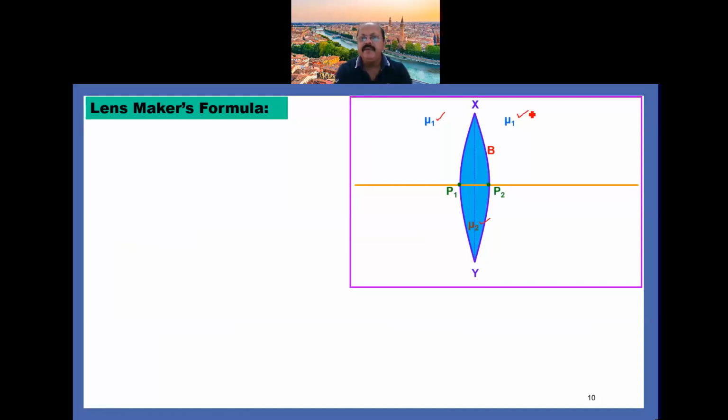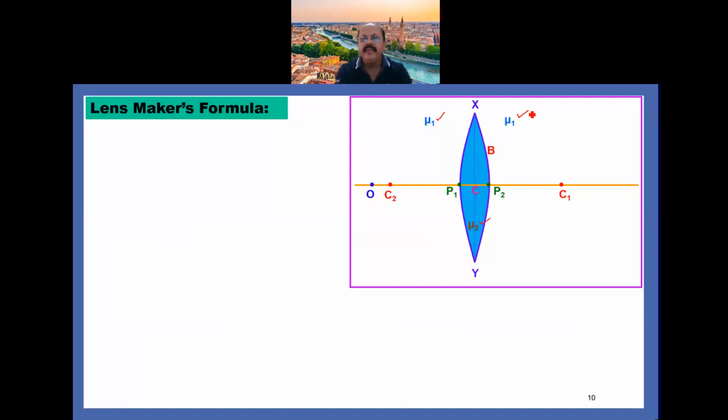Then xP1y, xP2y are the aperture of the convex lens. C is the optical center. Now C1 and C2 are the centers of curvature of the spherical refracting surfaces of which it is a part. So that's why P1C1 is the radius of curvature R1 and P2C2 is the radius of curvature R2.